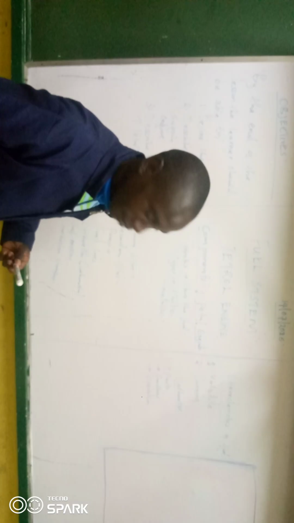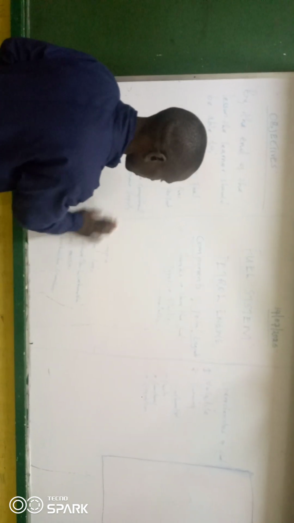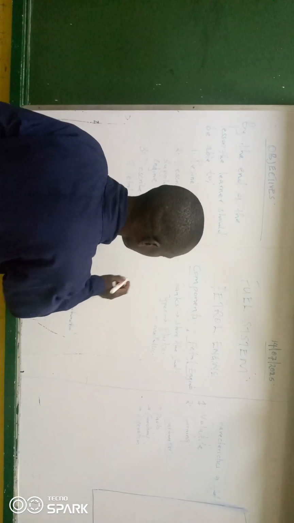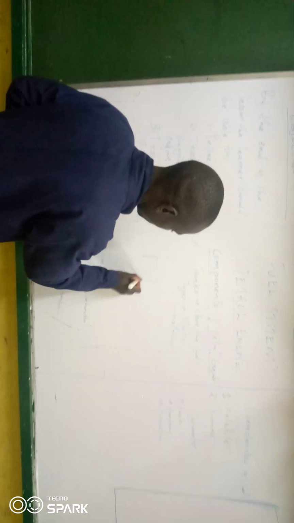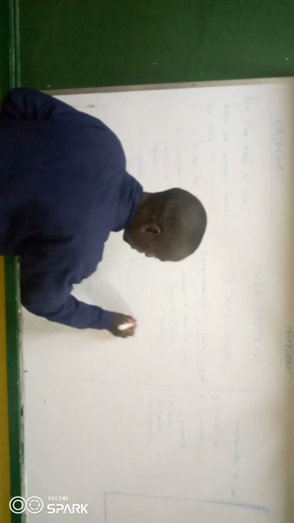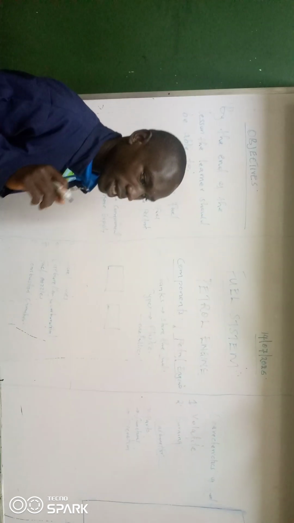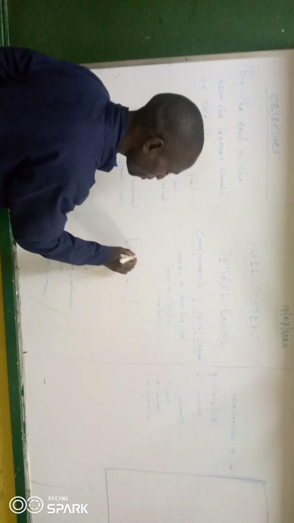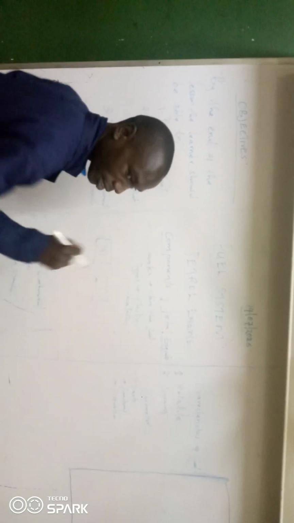In the case that a vehicle has two tanks, the other tank acts as a supplementary tank. Let's say this is the first tank and this is the second tank. So we are talking about a vehicle that has two tanks. The pump is going to be installed in one tank, but the other tank is a supplementary.